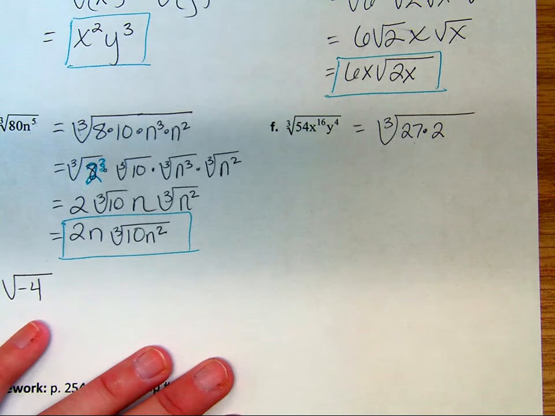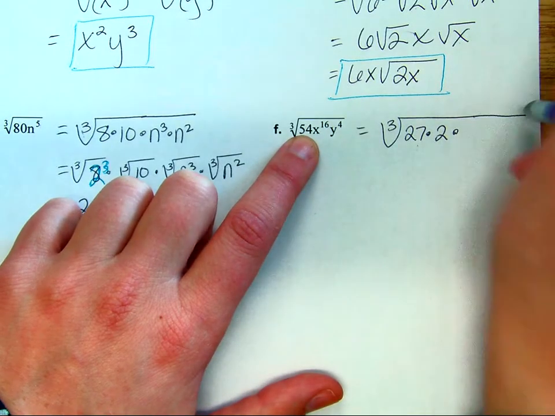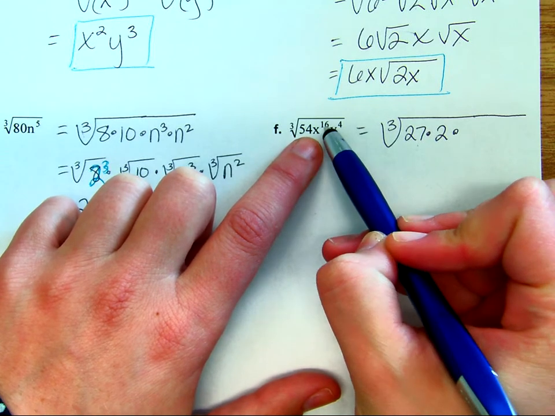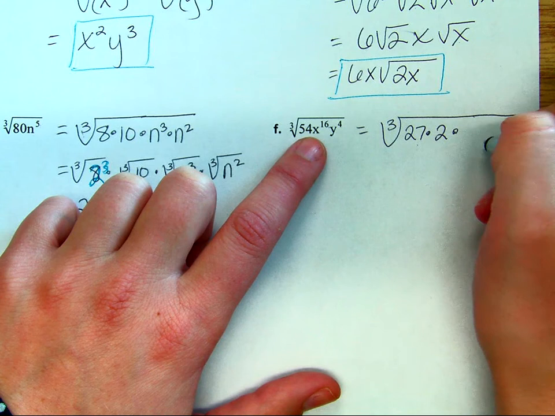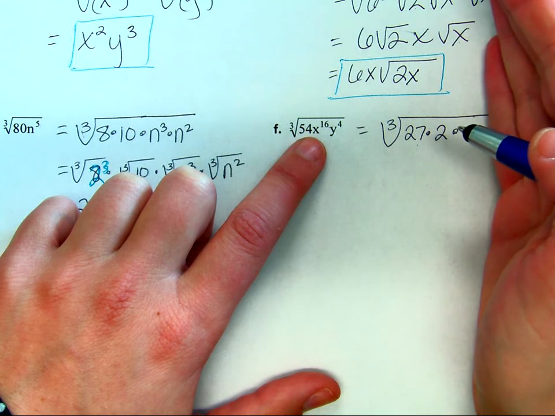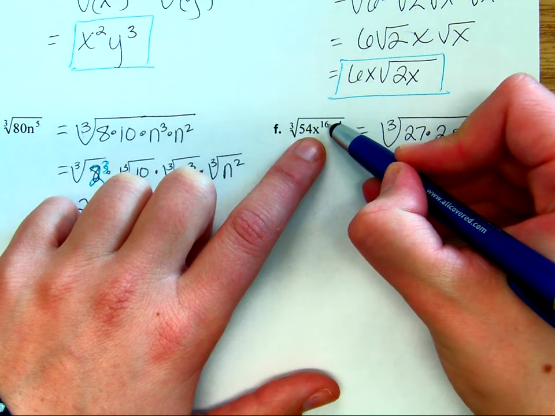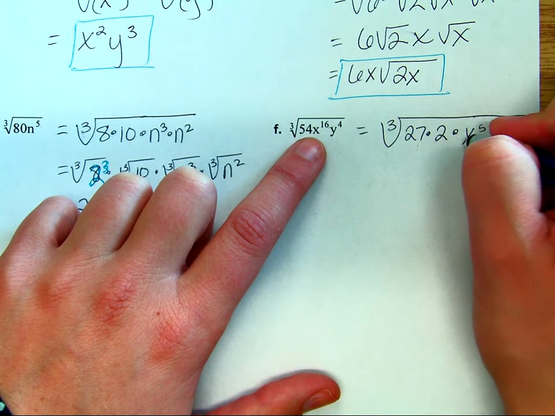Okay, x to the 16th. Well, 3 doesn't go into 16, so I can't write 16 as something times 3. But I can go one lower. If this were x to the 15th, 15 is 3 times 5. So what I can do is write this as x to the 5th to the 3rd power.